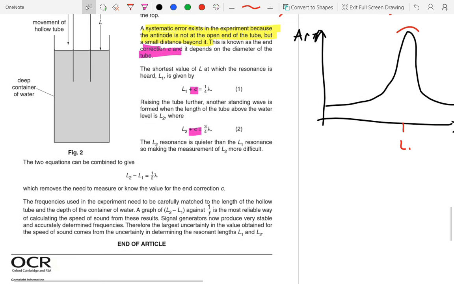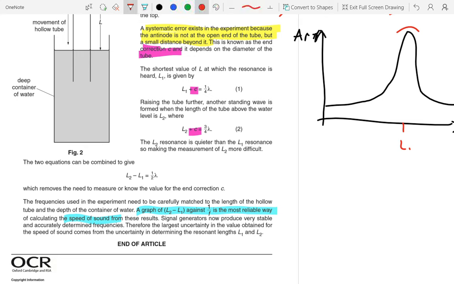And they go on to this last bit, L2 minus L1 equals half the wavelength, so they can use the two resonances they found to find half the wavelength, and therefore just double it and find the whole wavelength. If we look at what the actual aim of the experiment is at the end, so a graph of L2 against L1, most reliable way, calculate the speed of sound, and then it talks a little bit about uncertainties.